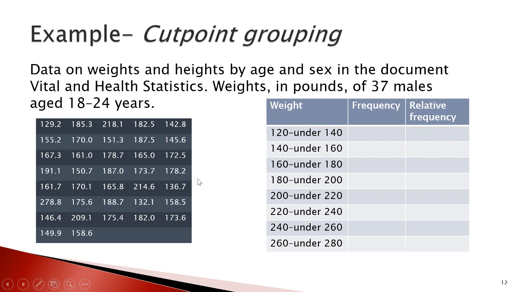So here the smallest value in this data is 129.2. So we can take 120 under 140 as the first interval. And the largest value is 278.8. So the last interval should be from 260 to under 280. Now let's check the frequency for each interval.